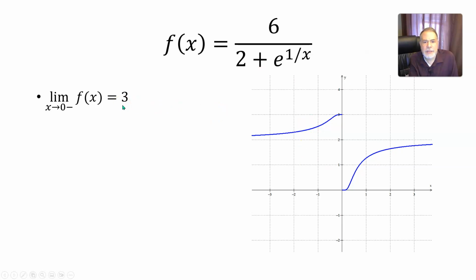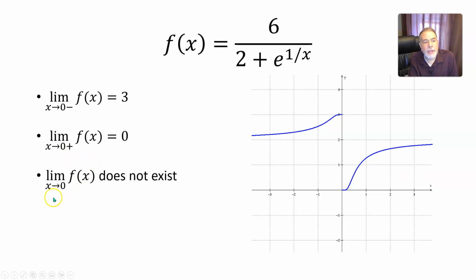Now, what about the limit as x approaches 0 from the right? That would be this part of the graph where the x's are greater than 0, and on this part of the graph, as x approaches 0 from the right, the y-coordinates are getting close to 0. And so the limit as x approaches 0 from the right of f of x is 0.